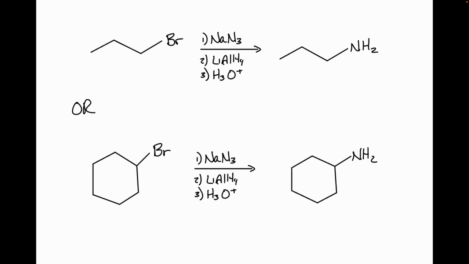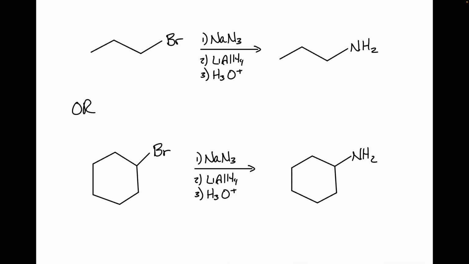All right, so in theory, I could use either one of these to create my primary amine, but one of these is going to be preferable over the other here. All right, which one would that be, the top one or the bottom one? Yeah, why the top one?